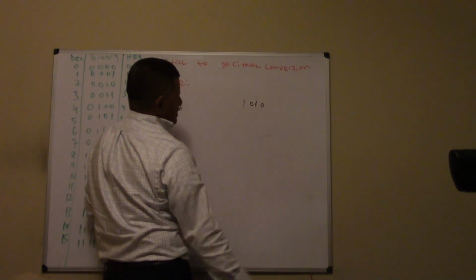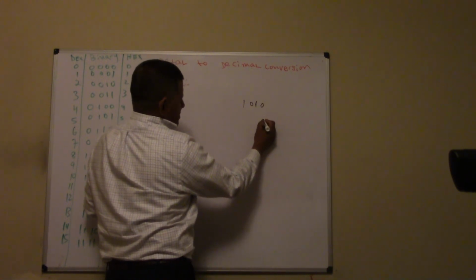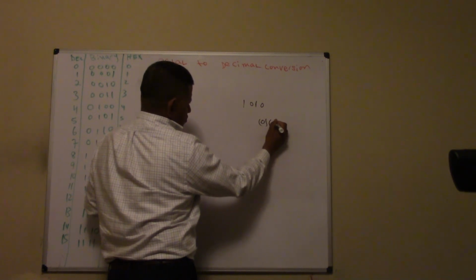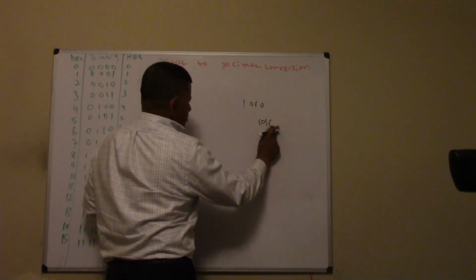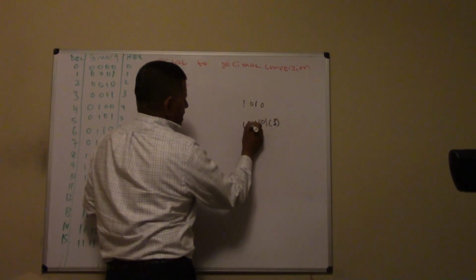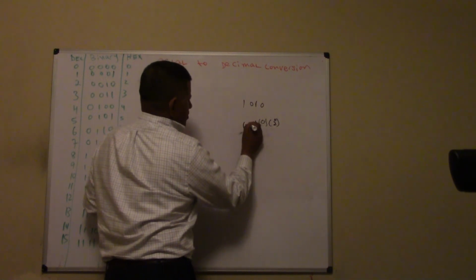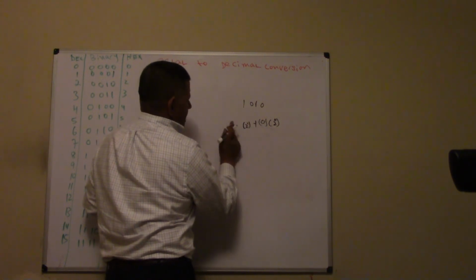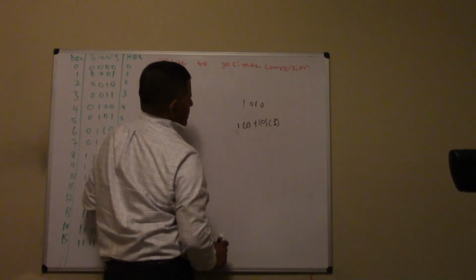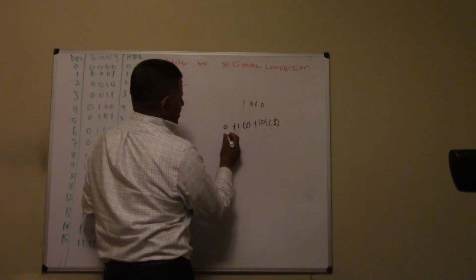So there we did 0 times 2 to the 0 power, plus 1 times 2 to the 1 power, and then plus 0 here.